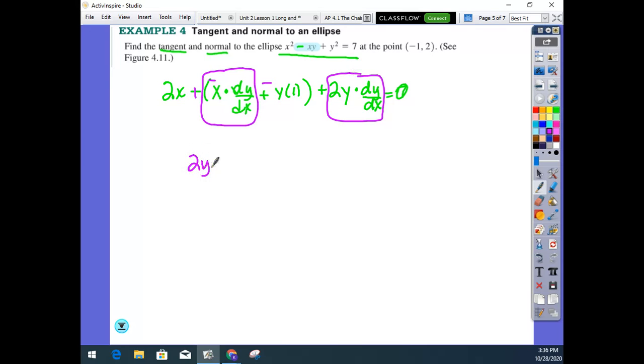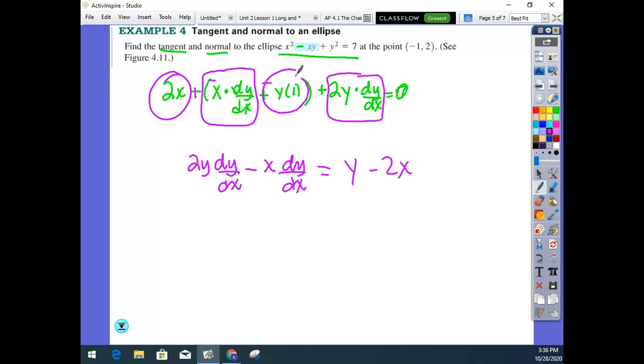I'm going to put my positive part first and then subtract off my x dy/dx. I need to move over my y, and since it's negative, I got to add it, I move over my 2x so it turns negative. So I kept everything with dy/dx on the left. I moved everything that did not have a dy/dx over and changed the sign.